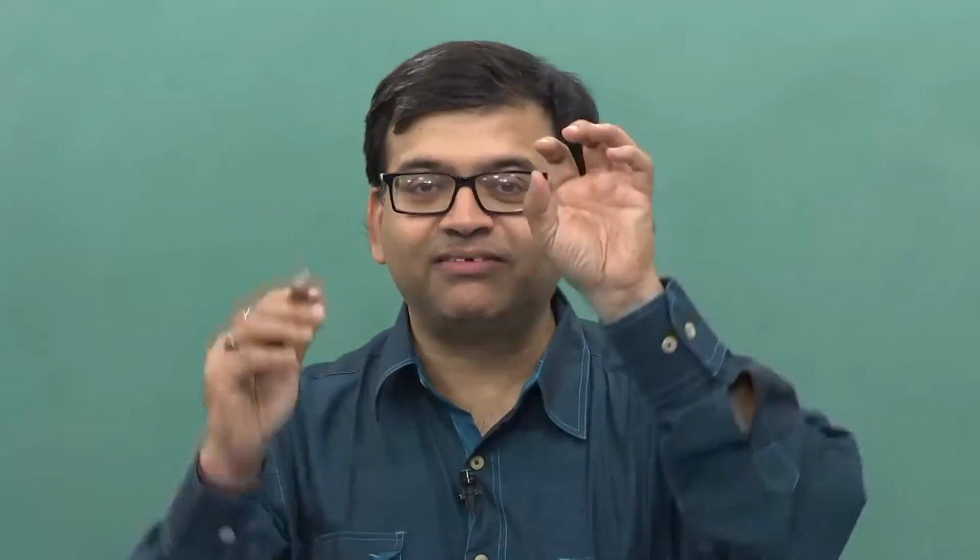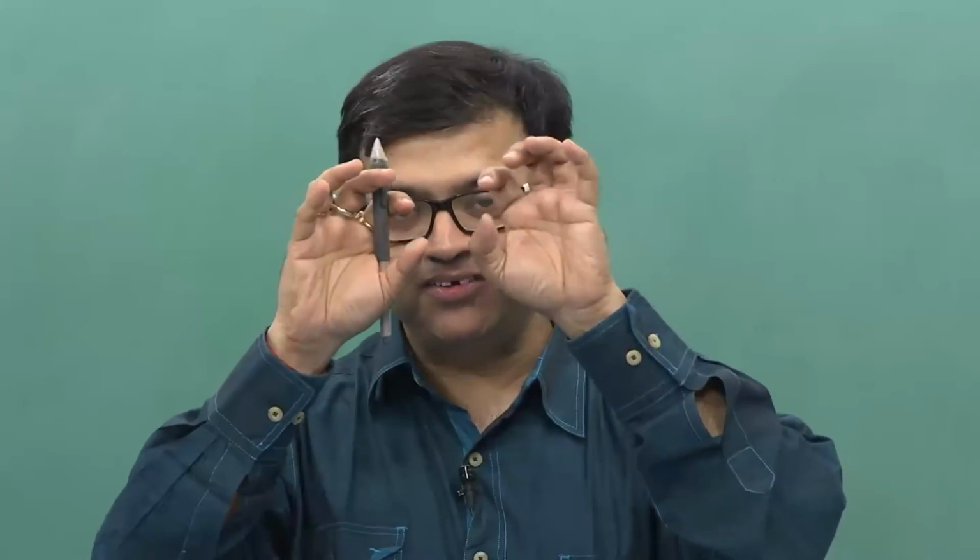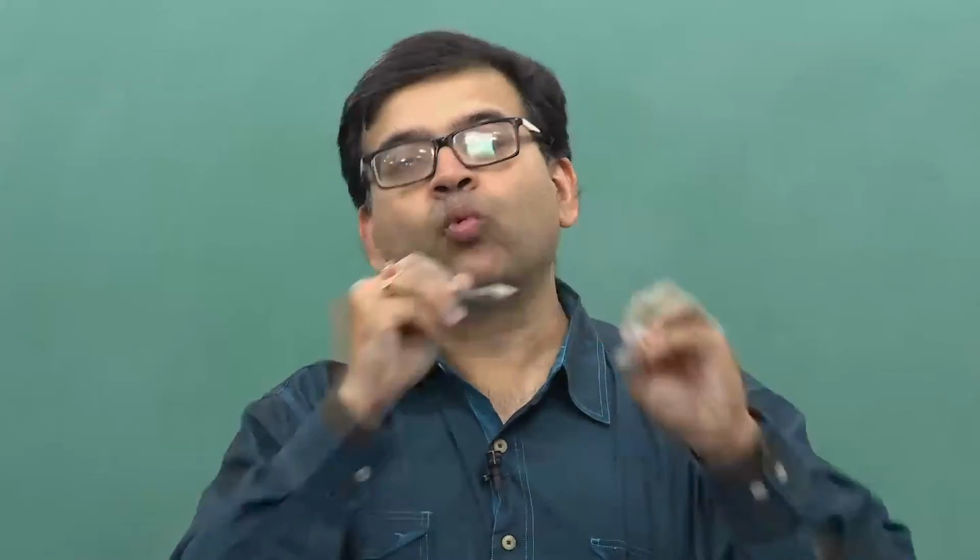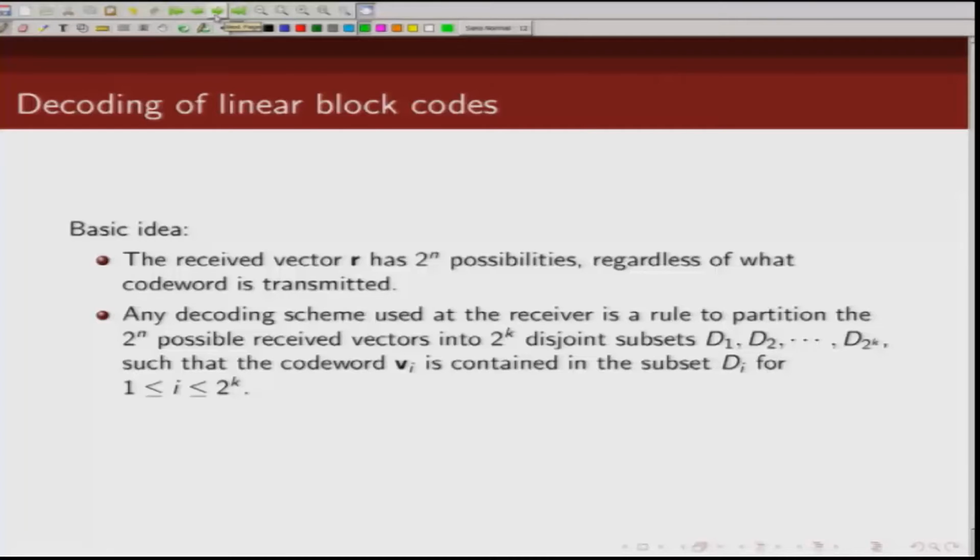You can think of it as we have a total of 2^n possibilities, and we want to partition them into 2 to the power k different balls in some sense, and each ball has one code word associated with it. That is basically our decoding problem. How we partition these 2^n possibilities into 2^k sets is what we are going to talk about.